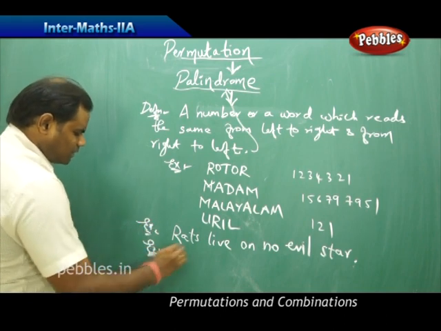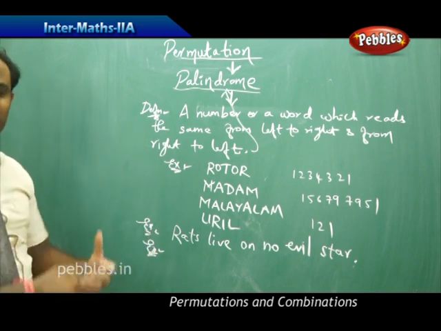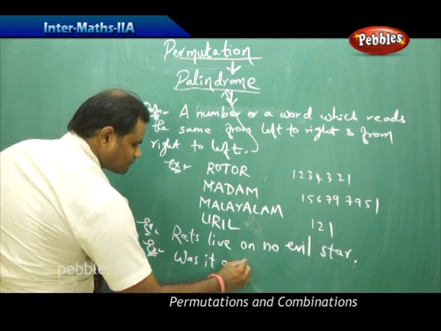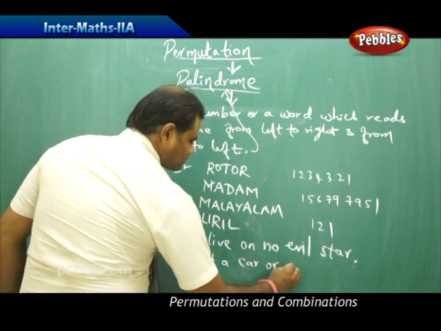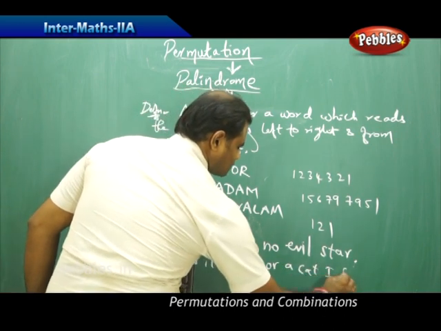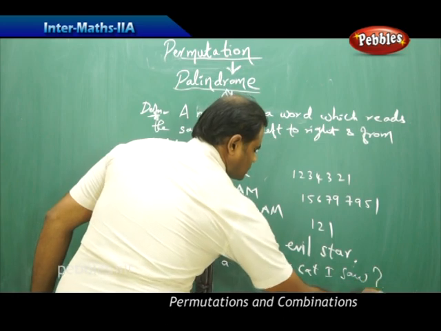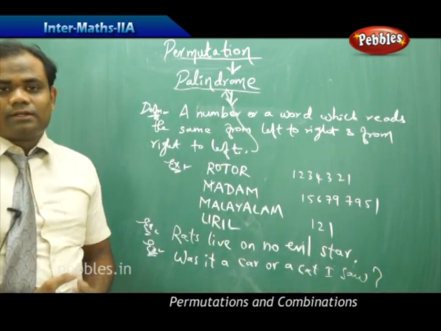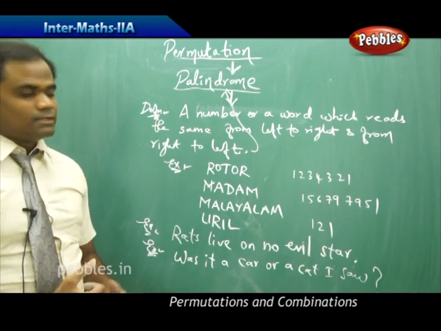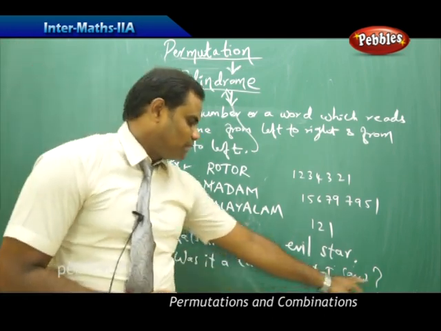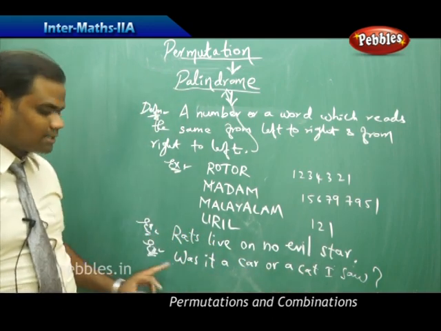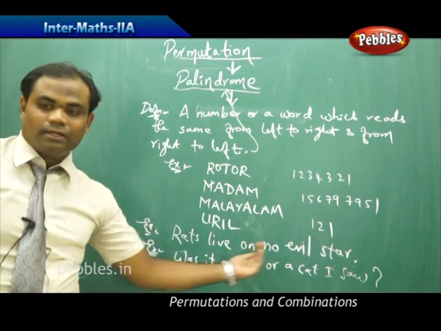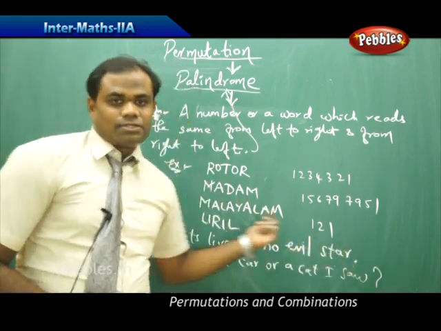Even when I take the letters of the word jumbled, on reversing it gives us the same letters when read from last to first. So these are all examples: was it a car or a cat I saw, and rats live on no evil star, when read from last to first.